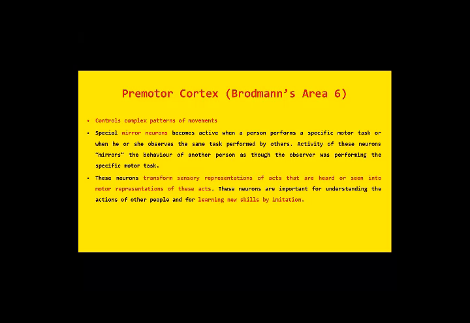And what are these mirror neurons? These are the special neurons which are responsible for learning new skills. And new skills are learned by the phenomenon of imitation. So that is the reason we label these special neurons as mirror neurons, because they mimic and learn new skills.